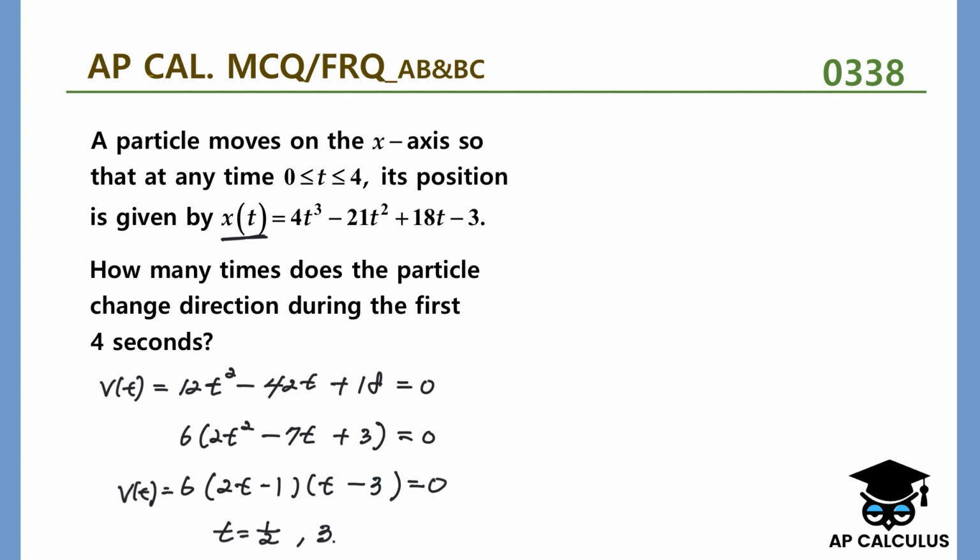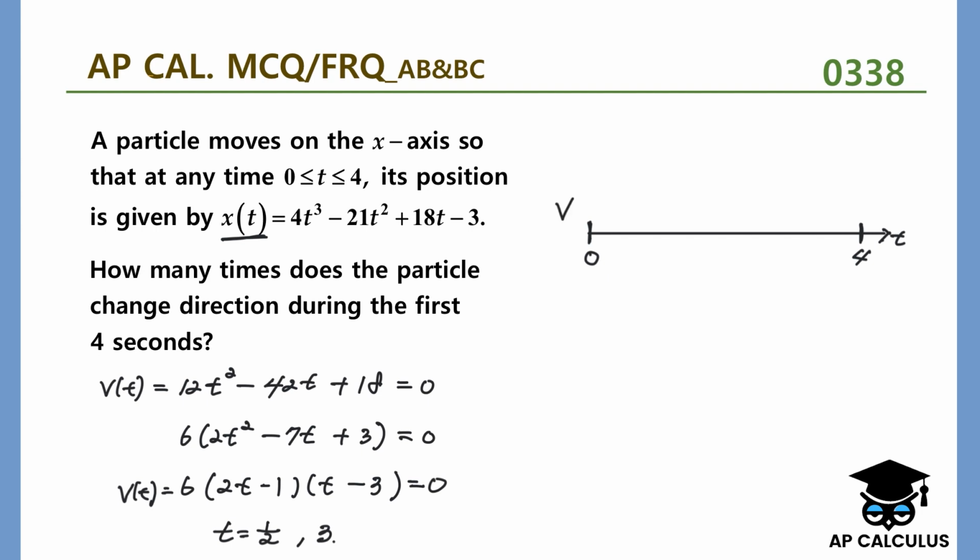So we're going to test the intervals. Let's draw the number line here. Since t is always greater than 0, we go from 0 to, let's say here is 4.